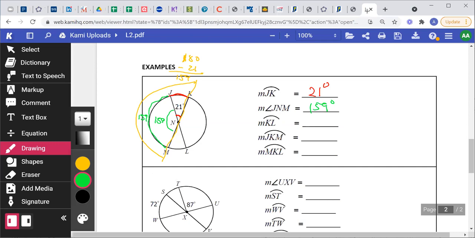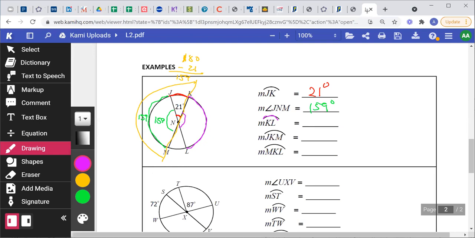And I want to find KL. Arc KL, let me change color. K here to L, this arc, since it has the arc symbol, so this arc here. And since this angle is 159, and we have two lines crossing, the angles that are formed at both sides are gonna be what?